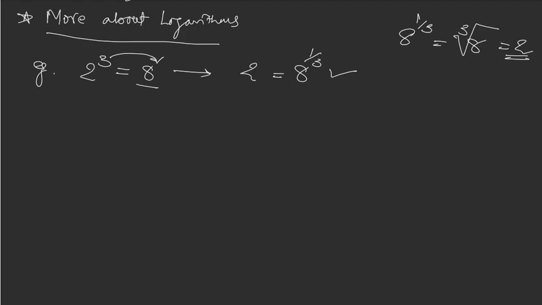So 2 raised to 3 is equal to 8. How can I write it in the language of logarithms? Log of 8 to the base 2 is equal to 3. And how can I write the other statement in the language of logarithm?